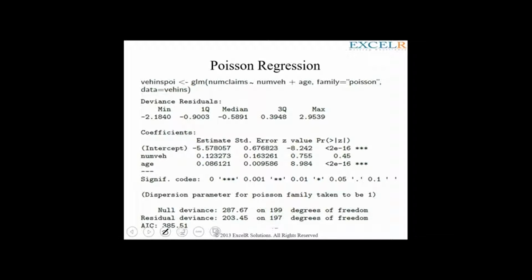But here, I'll tell you one thing. One way to interpret this is that the outcome value here, which is the number of claims y, is not actually y, it is log of this y. Log of the count. Y is your count. So it's log of count.